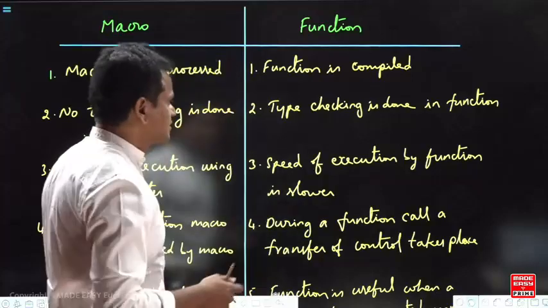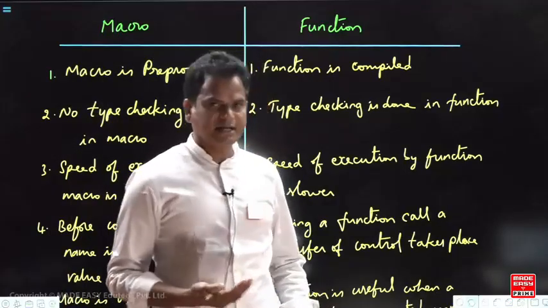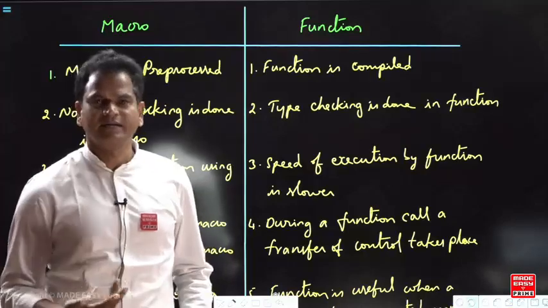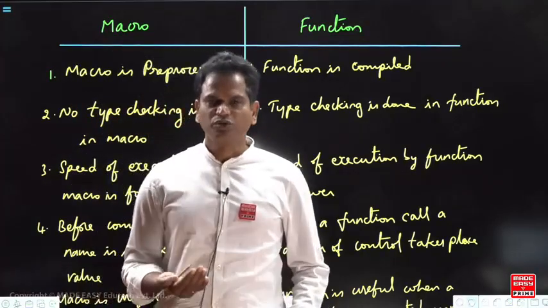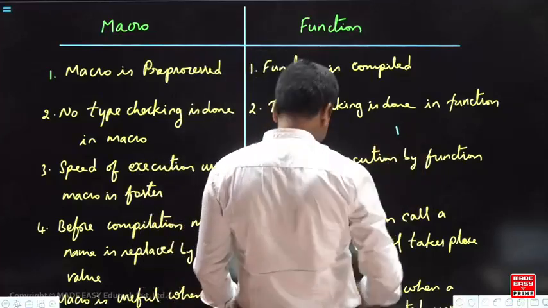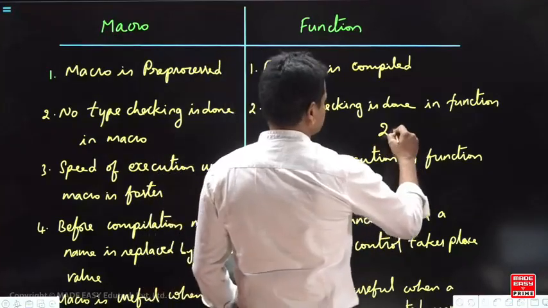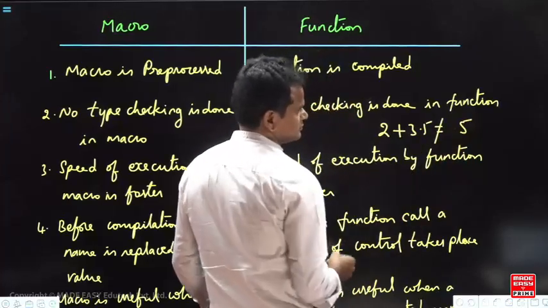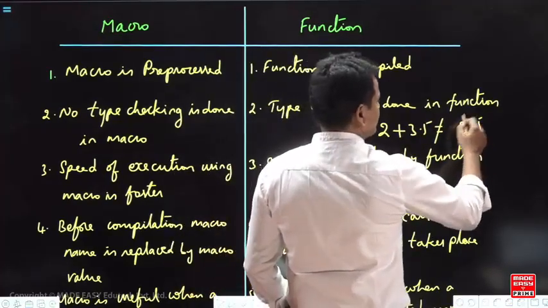When you add an integer and a float, the result may be invalid. Example, 2 plus 3.5. Then the result is not equal to 5. It should be 5.5.